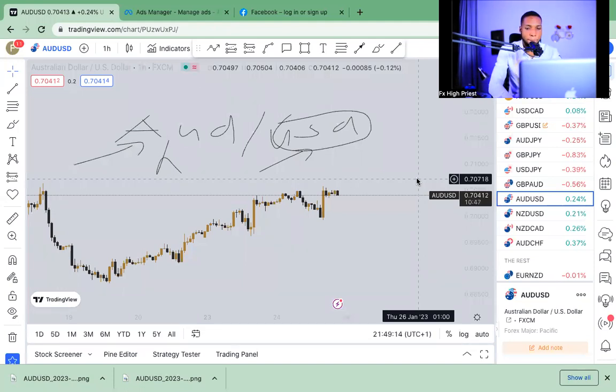You said that this current market price now, 0.700410, is the amount of dollars you need so you can buy Australian dollars now. What about the amount of Australian dollars you need so you can sell it for the USD? Like what I'm saying is that this is the exchange rate now.